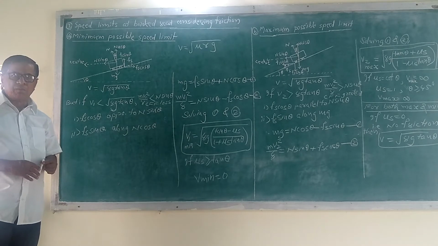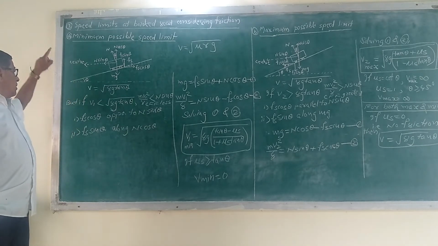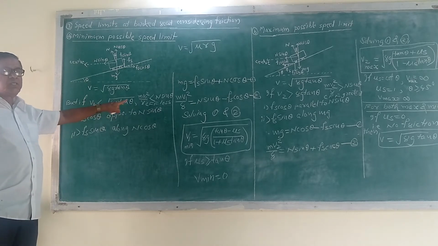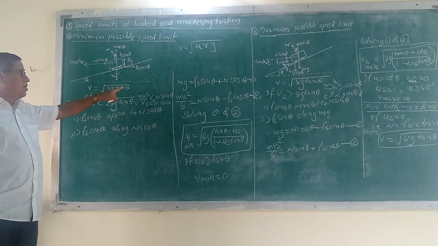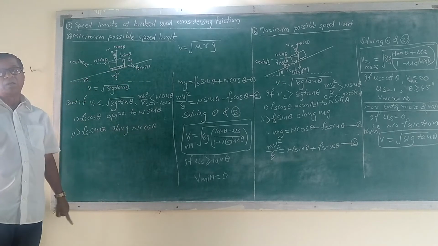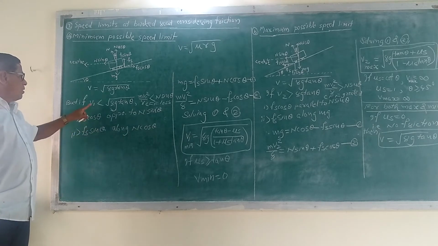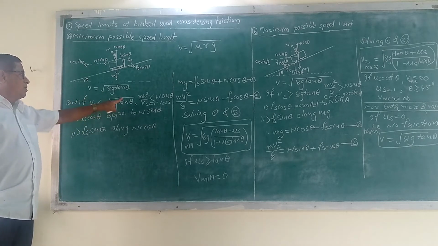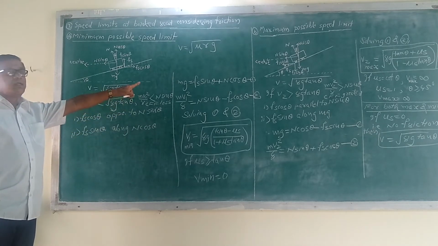In the case of the minimum possible speed limit, let the speed v1 be less than root r g tan theta. In that derivation, we are going to see that v is greater than root r g tan theta. Suppose this speed limit is called v1. v1 less than root r g tan theta, that is m v1 square upon r is less than n sin theta.